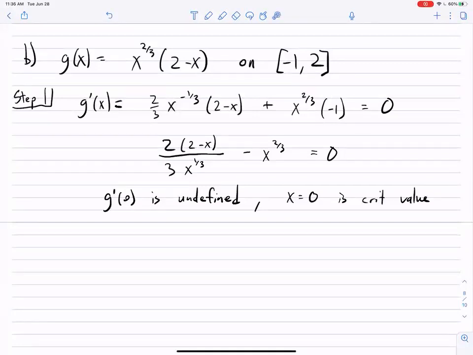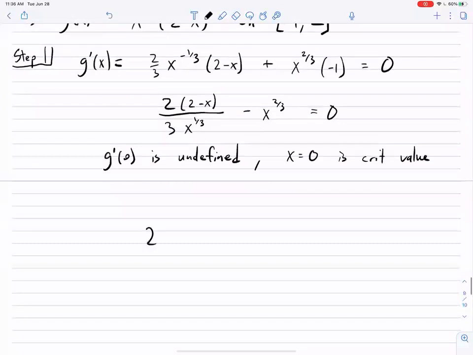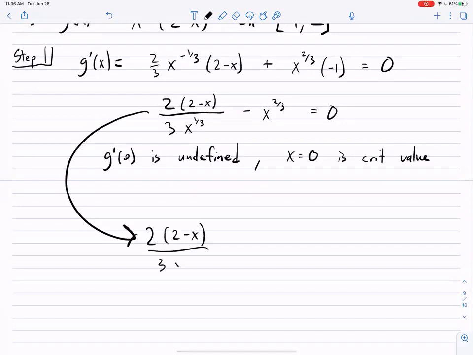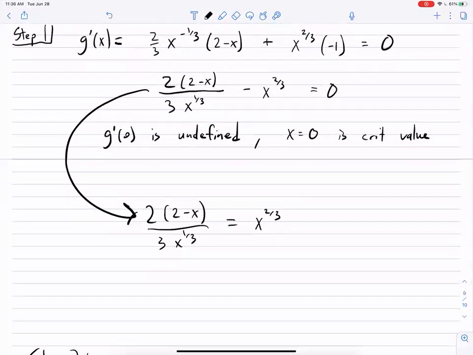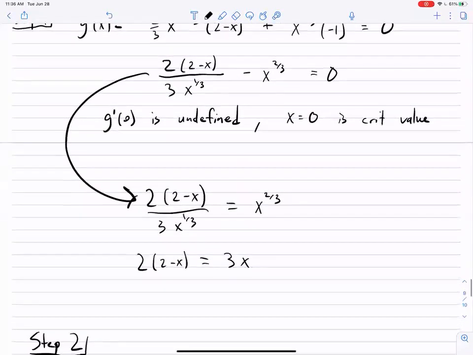The other thing is we can solve for this. Bring that over here: you get 2 times 2 minus x all over 3 times x to the 1/3, and then just add x to the 2/3 to the other side. Now we can multiply, and you get 2 times 2 minus x equals 3 times x to the 1/3 times x to the 2/3, which is just x.